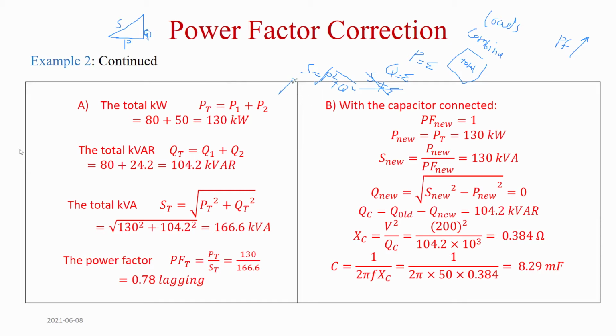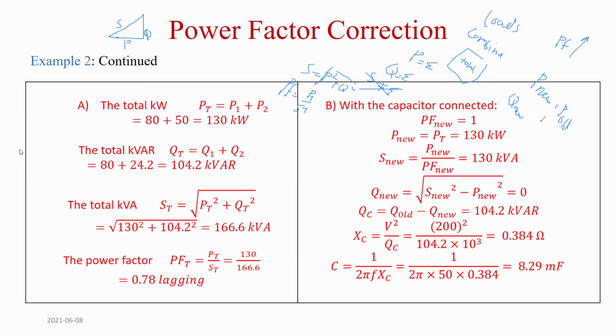Then you can find the power factor, P over S, the total here. So you find the old load, the new load. P is the same. The P doesn't change. Q new, you find it.